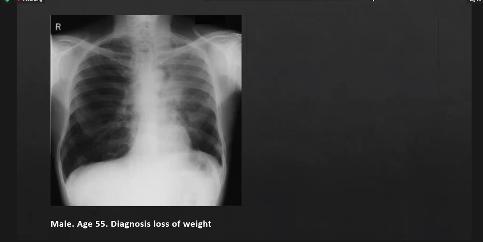What would you think is the most common cause in this case? In a case of a 55-year-old male? So we have to suspect malignancy in such patients. Very good.